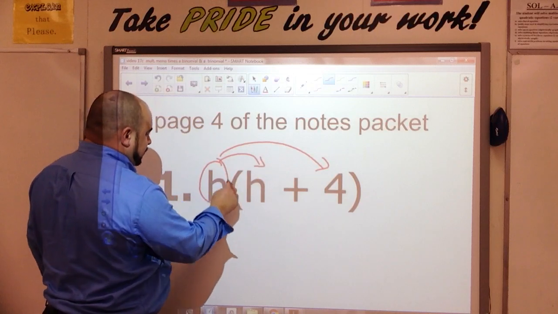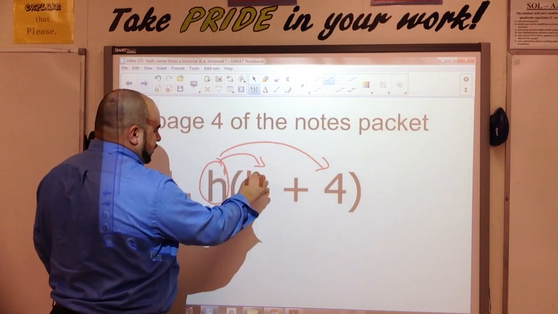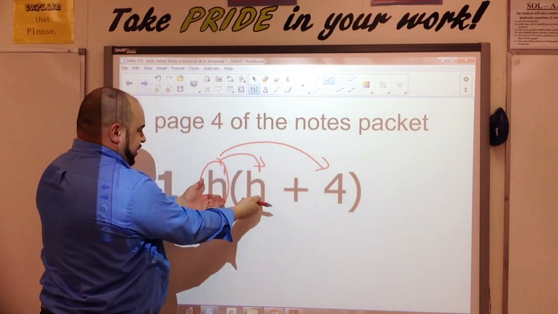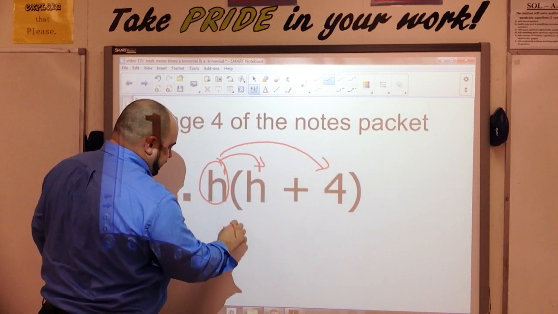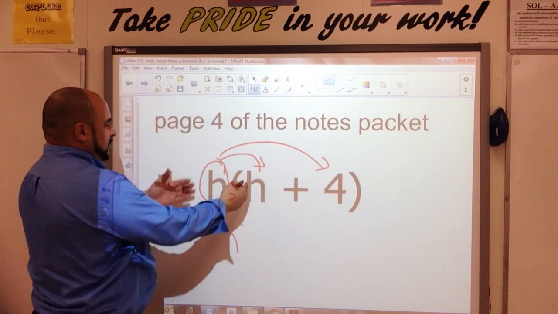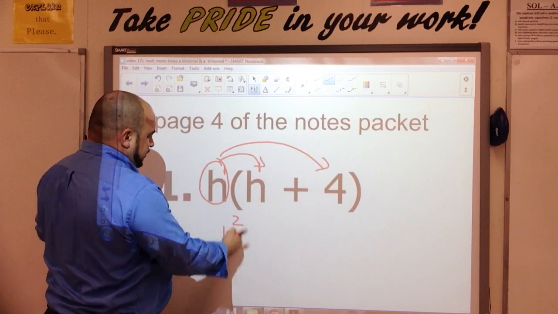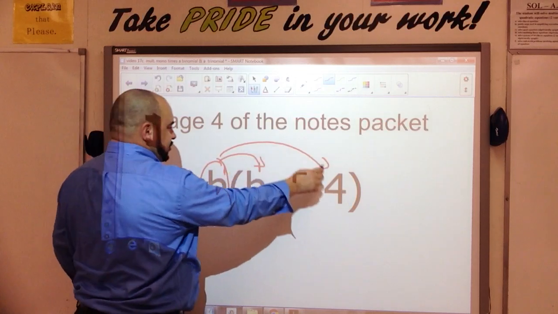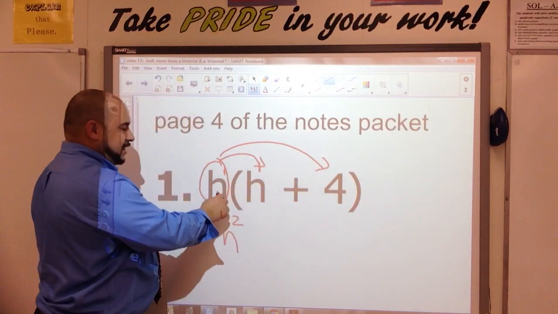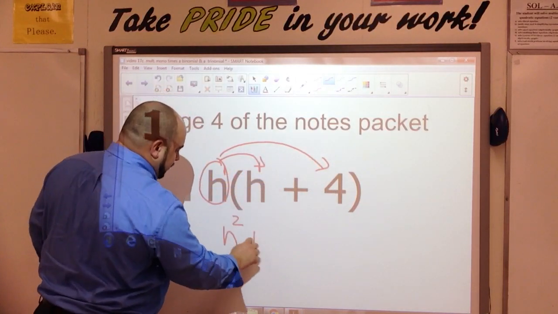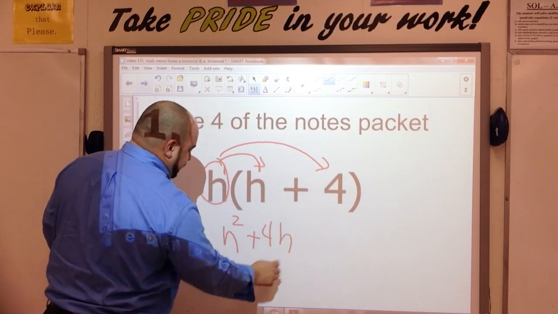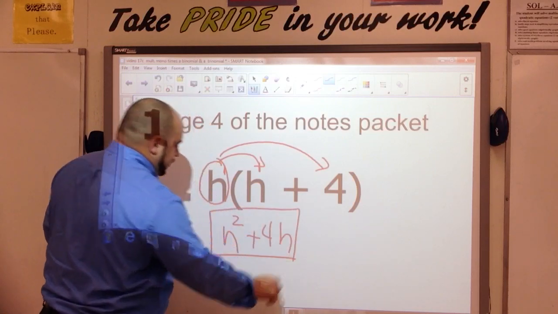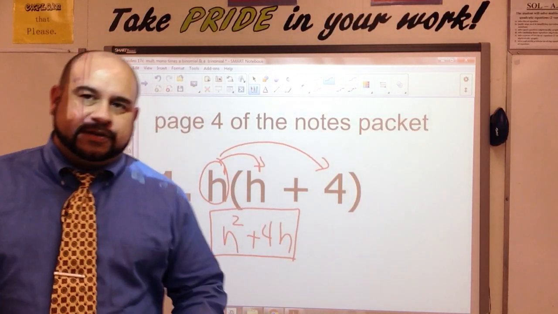H times h, well, I have an exponent of 1, same base, so I have h to the second power, because when I'm multiplying same bases, I add their exponents. Then h times positive 4 gives me 4h. So my final answer here is h squared plus 4h.